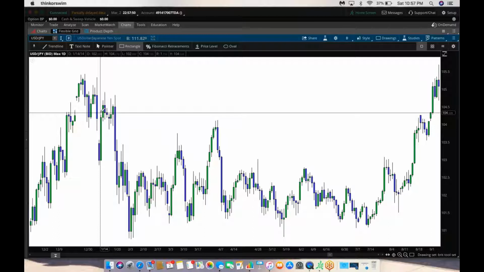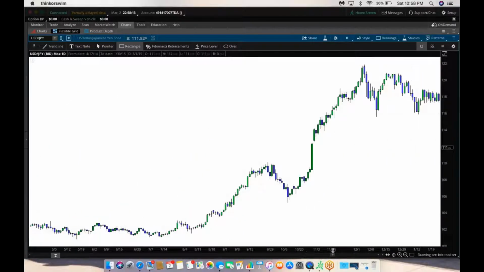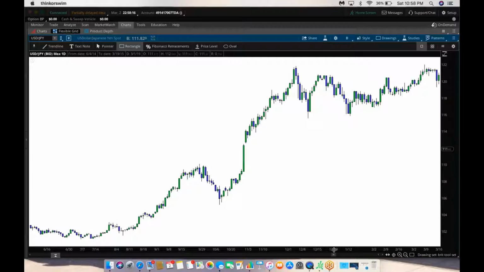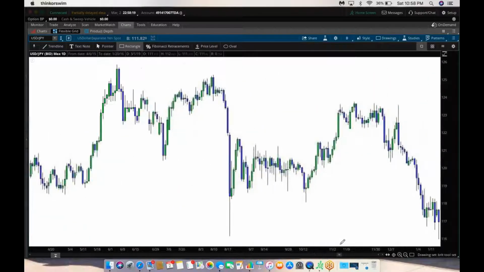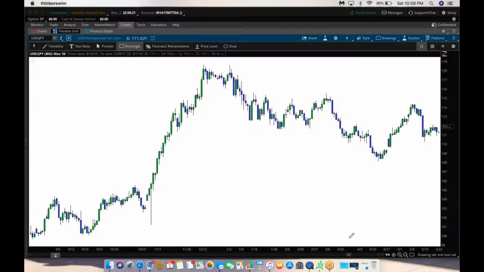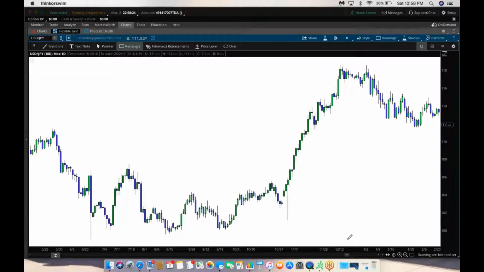If it's an uptrend and it starts breaking peaks because it's going more into an uptrend, then you want to start looking for buys at those peaks being broken. And that's just what it is.